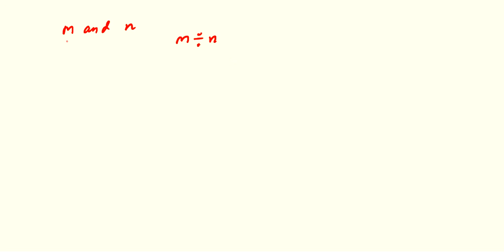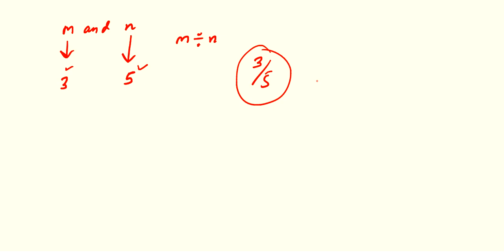For example, if m is 3 and n is 5, 3 is an integer and 5 is an integer. If we divide m by n, we get 3 upon 5. This 3 by 5 is a fraction, we are not getting an integer. That means if we divide any two integers, it's not compulsory that we will get an integer again.